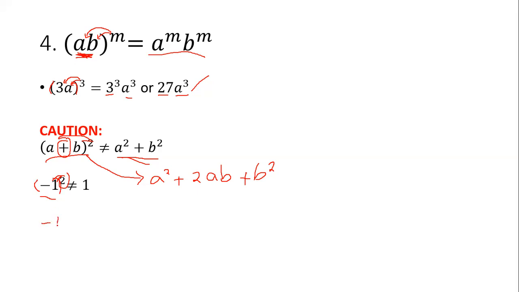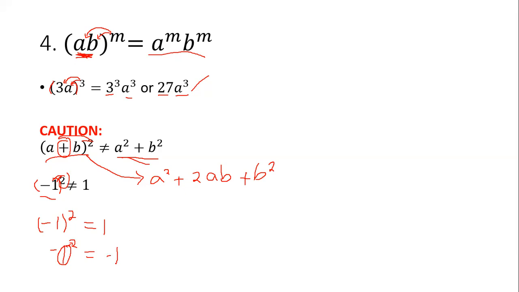So to make it clearer para po sa inyo, ganyan po dapat siya. Para ang sagot ay 1. Kasi po pag wala yan, negative 1 squared, ang ibig sabihin po nito, yung positive 1 po, yun lamang po yung affected by the exponent. Kaya po magiging negative 1 pa rin po.